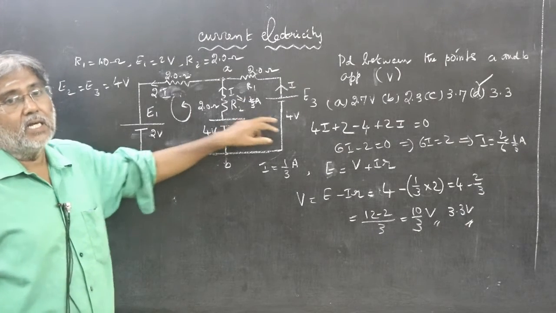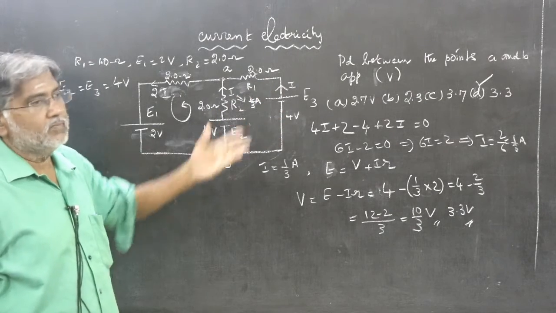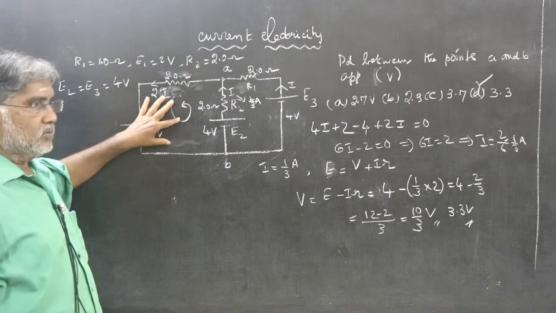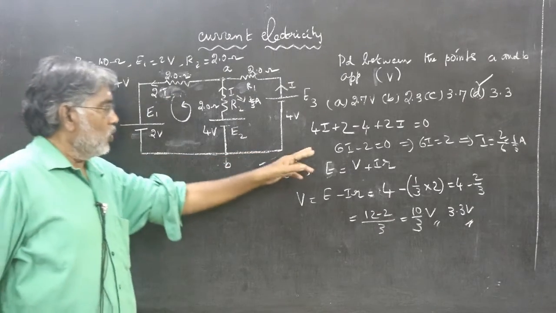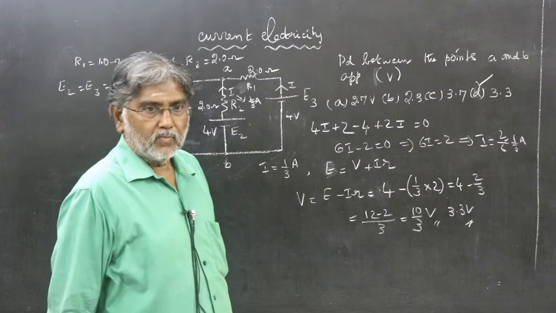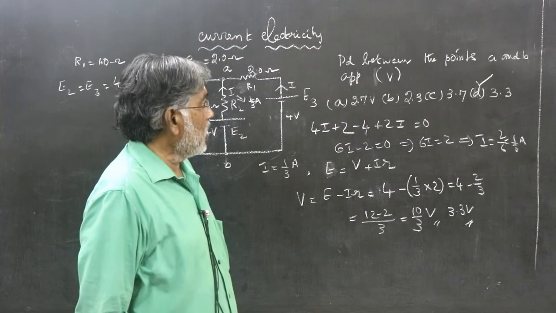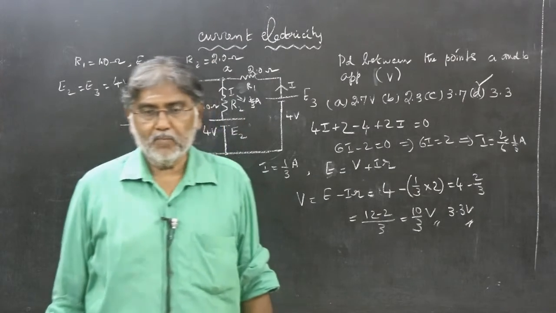So if it is I here, it has to be I here. 4 volt 2 ohm, 4 volt 2 ohm. This is of course a different value here. Therefore, in one equation itself we are able to solve for I. So final answer, option D, 3.3 volt. Okay, thank you.